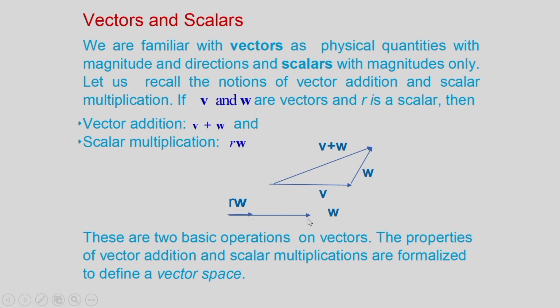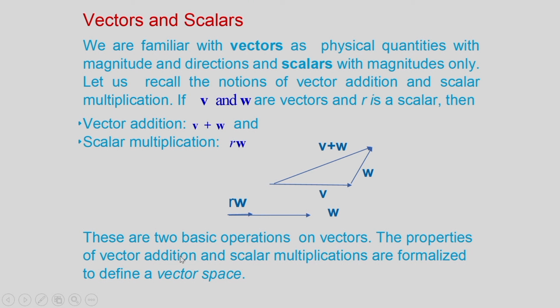Similarly, if W is a vector, then we can scale it by a factor R. So the new vector RW is a scaled version of W, and if R is bigger than 1, then the vector will be extended this side. Vector addition and scalar multiplication are two basic operations on vectors.